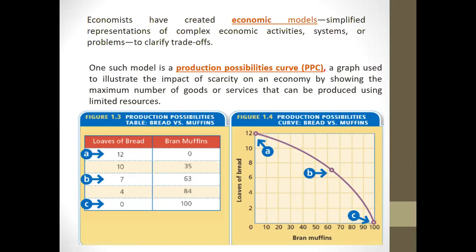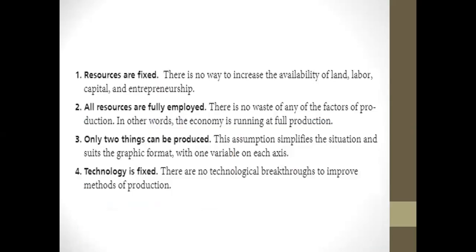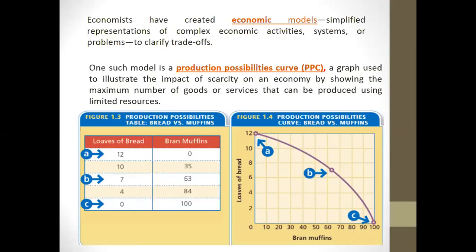For instance, over here, and you have the same example in your book, it says loaves of bread in one column, and bran muffins, the muffins. This is a production possibilities table between bread and muffins. And now this is the curve.